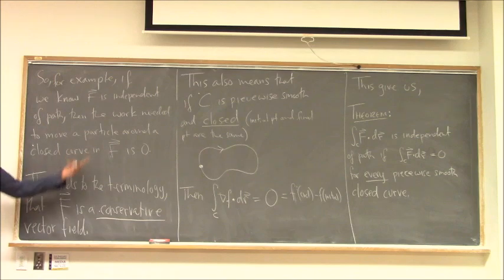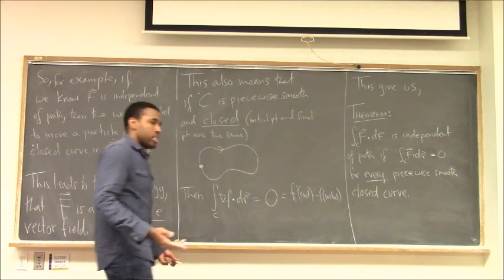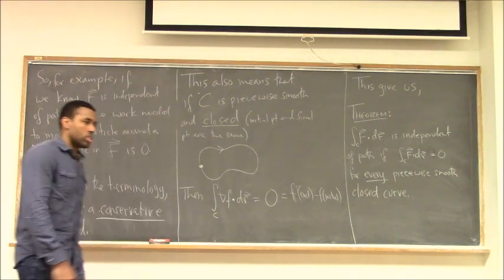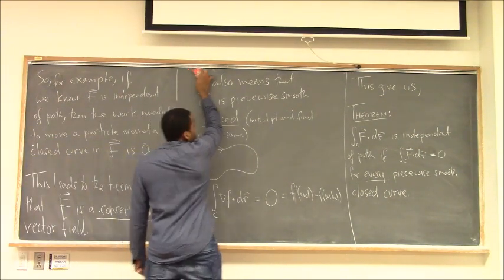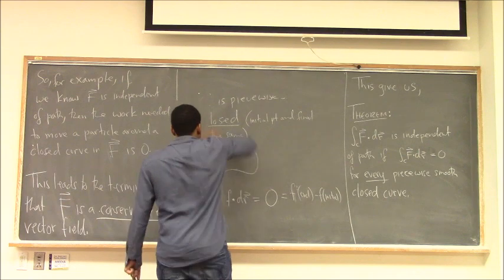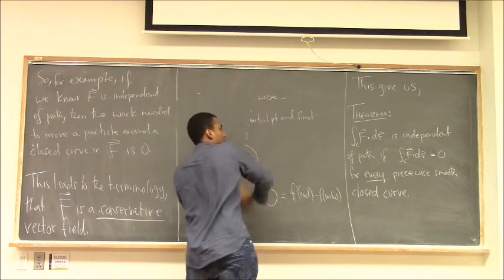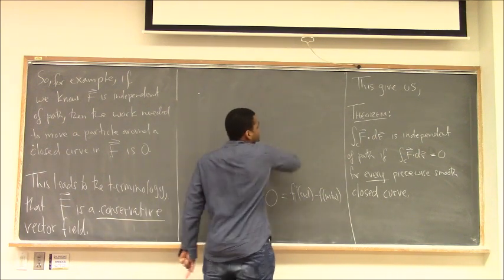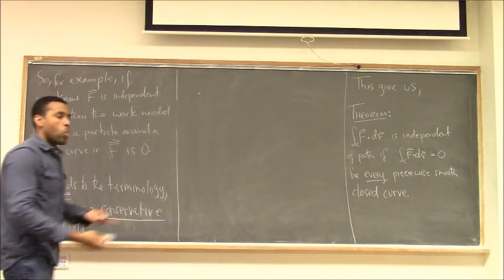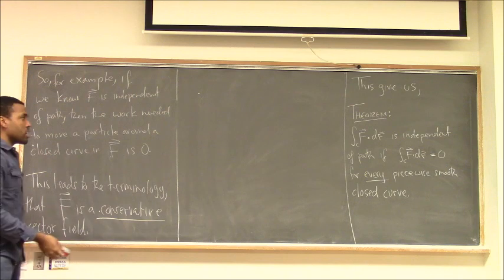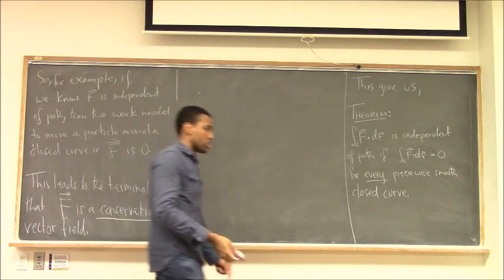That's because if you're moving around a closed path, it'll literally take you no energy, no work to actually do it. So that's why it's called conservative. So I did mention before that if F is the gradient field of some function, then that means it's conservative, and now you're seeing why. Why did it get that name? It's because it takes you no work to actually move in a closed curve.